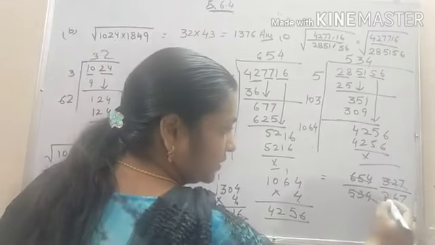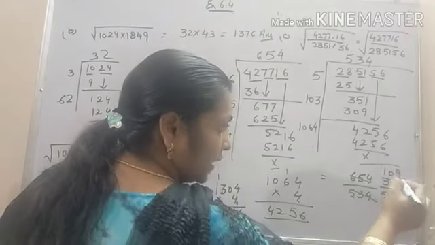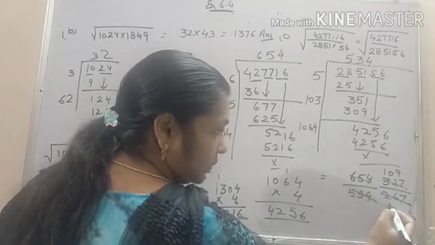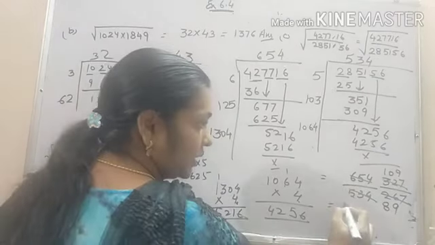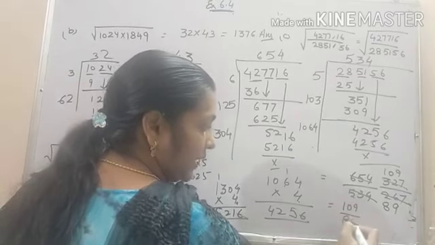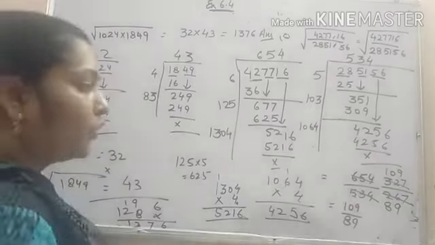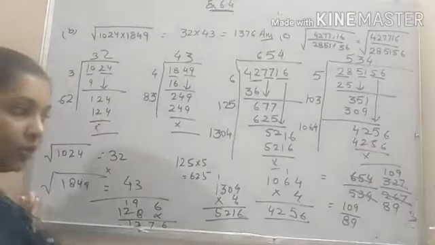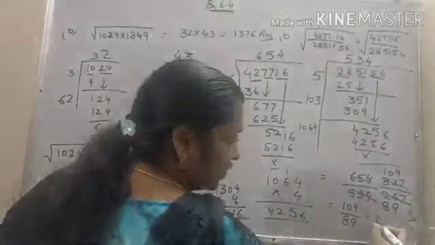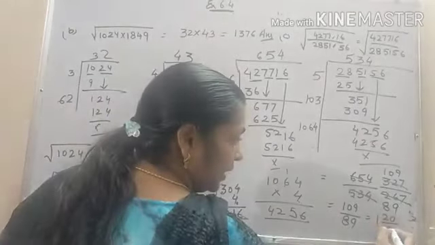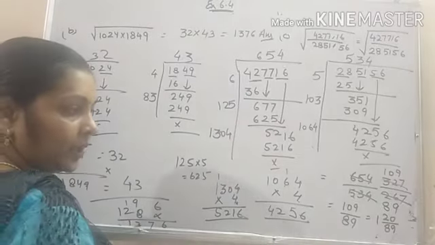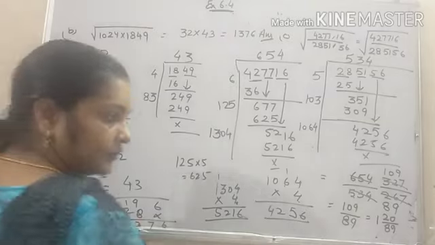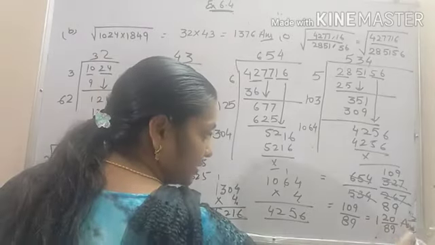So divide it by 3. 109, and here it will be 89. Now I think they are not divisible by any number. If you want, you can convert it into a mixed fraction. It will be equal to 1 and 20 by 89. This is our answer.